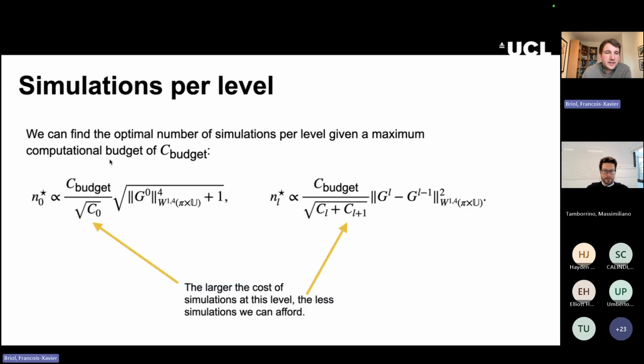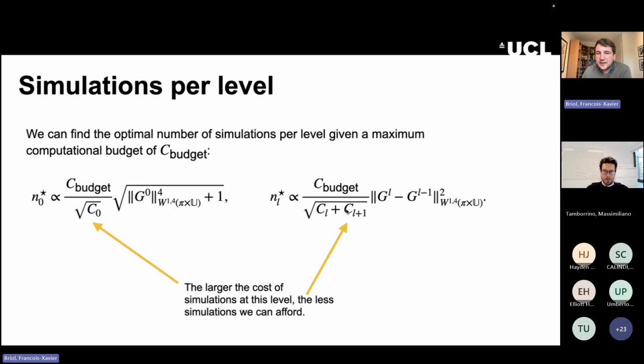Now, the other thing is that the number of times you evaluate N0 will depend on the cost of simulating at C0. So if it's really cheap to simulate at C0, potentially you can simulate a lot more often. But on the other hand, if it's expensive, then you're going to try to simulate less often at N0.